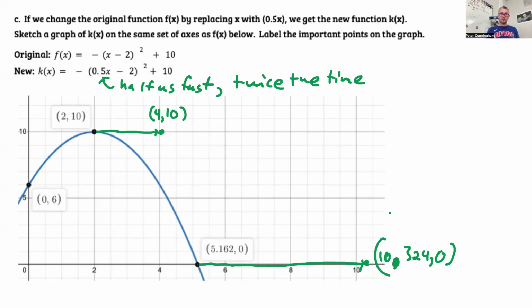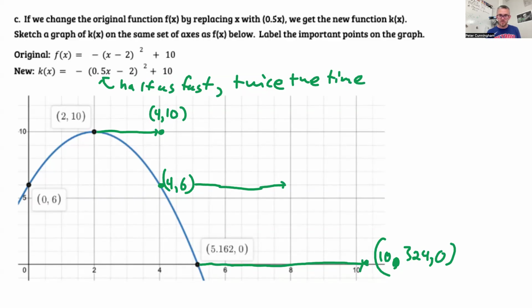Now, there's a couple points that you can get so that your parabola doesn't look like you're just drawing a straight line from there. Right here, we are at 4, 6, which means a corresponding point would be the same height, but twice the time.